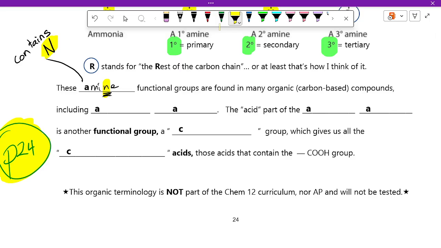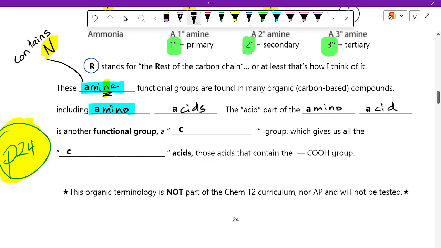And they are found in many organic compounds, including amino acids. So the amine is the amino part. The acid part of the amino acid is a different functional group.